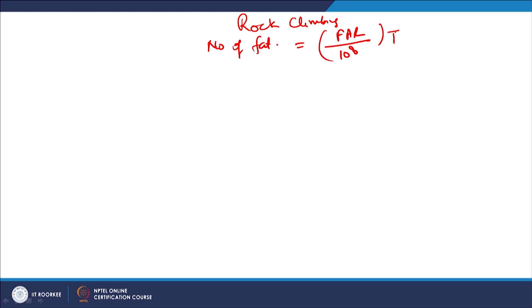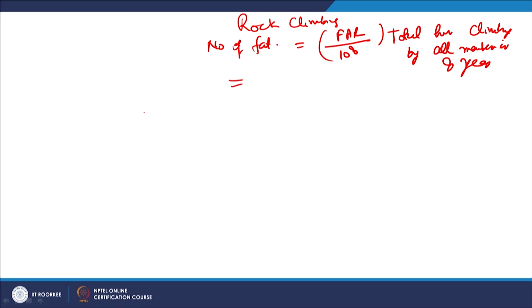So, here let us take the first example of rock climbing. The number of fatalities is equal to FAR times the total hours climbing by all members in 8 years.